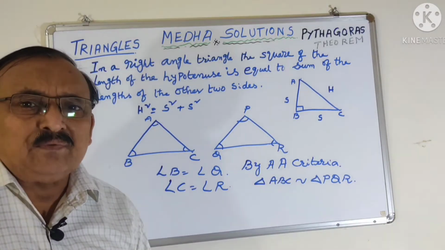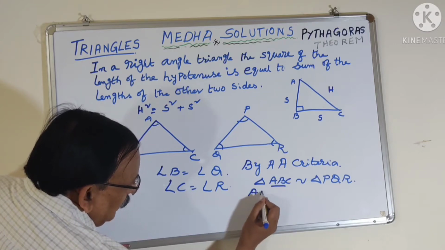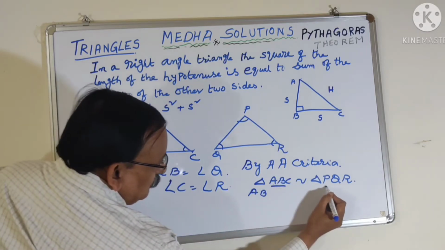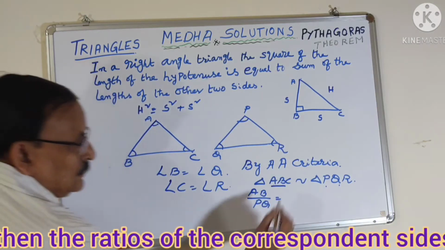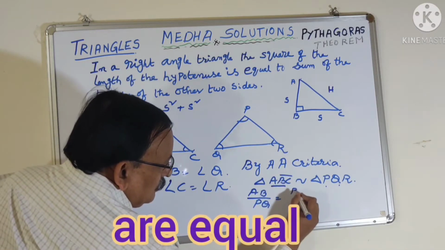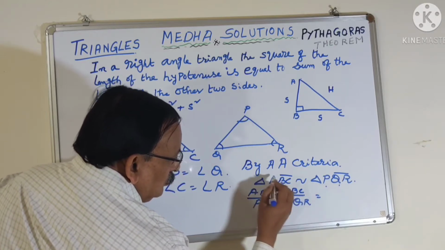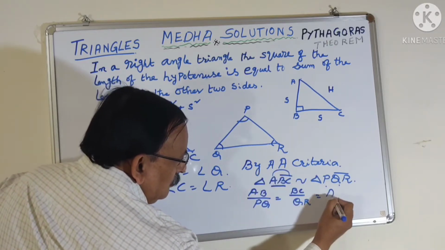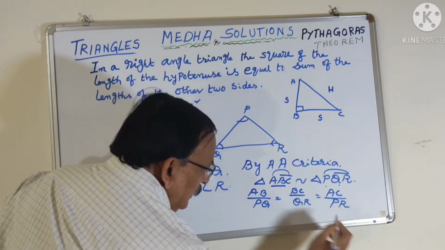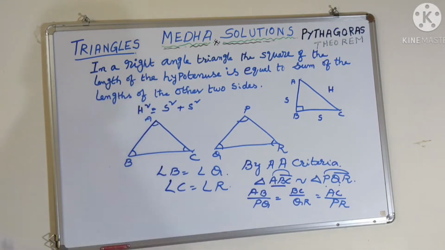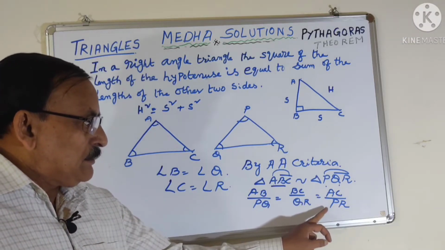Take AB by the first two letters, here the first two letters in the same order, PQ, is equal to BC by QR, the second two letters, is equal to AC by PR, the third one. This means the ratios of the corresponding sides are equal. AB by PQ is equal to BC by QR is equal to AC by PR.